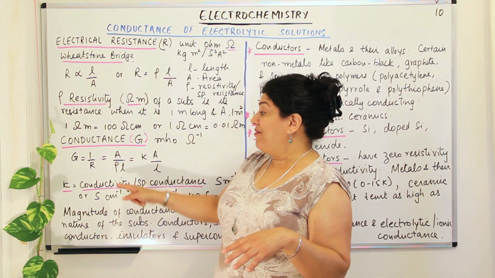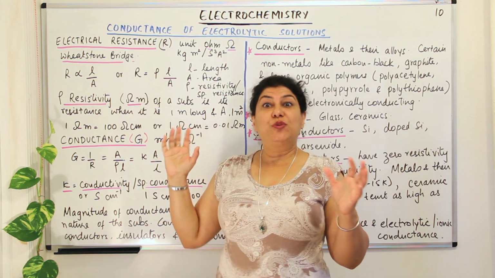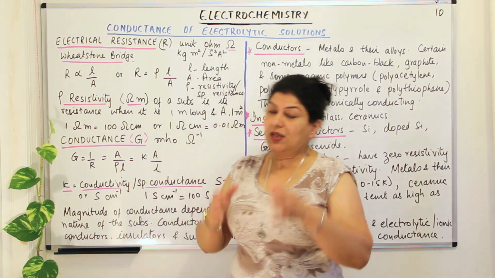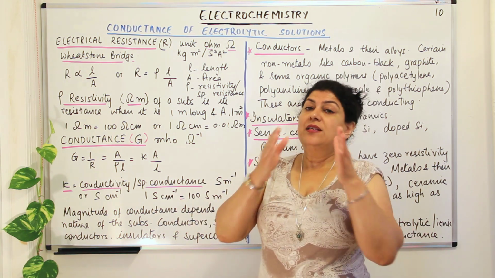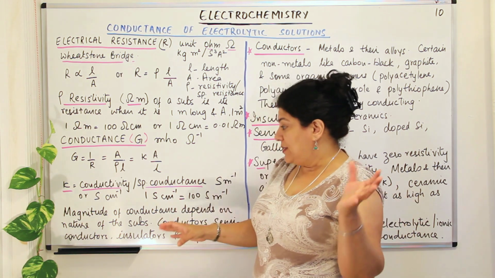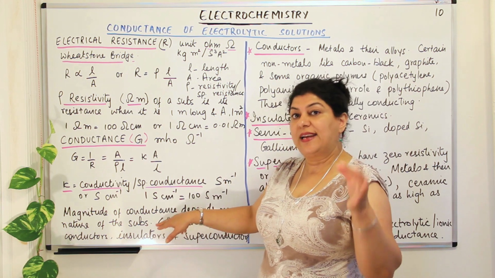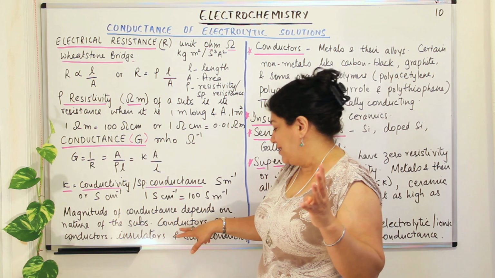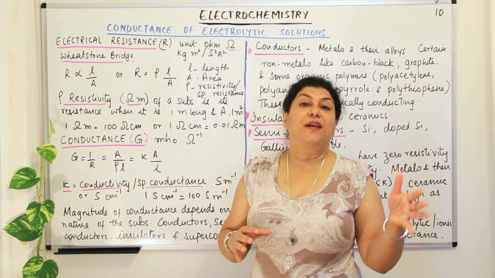Those substances which have more conductance would be better conductors, and those which have more resistance would be poorer conductors of electricity. So based on conductivity, different substances have been classified into 4 categories: conductors, semiconductors, insulators and superconductors.